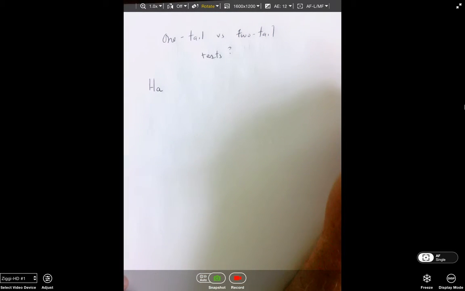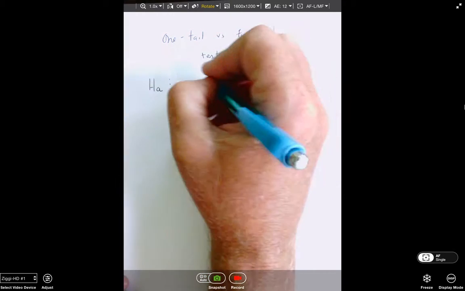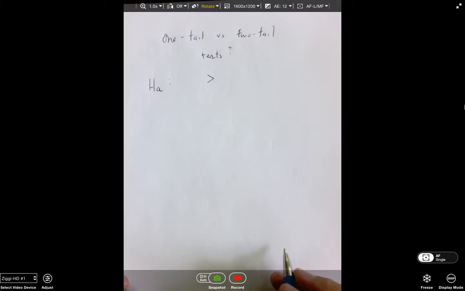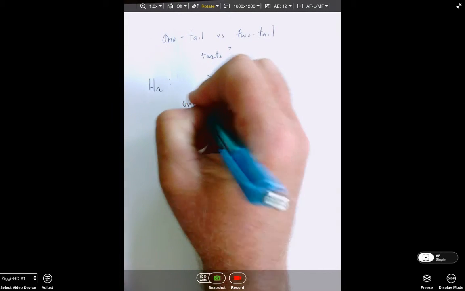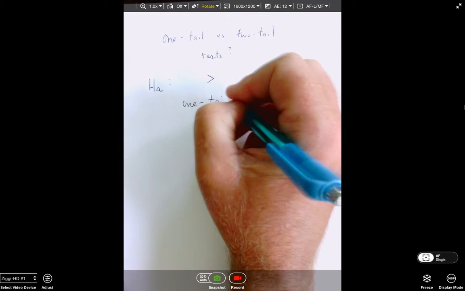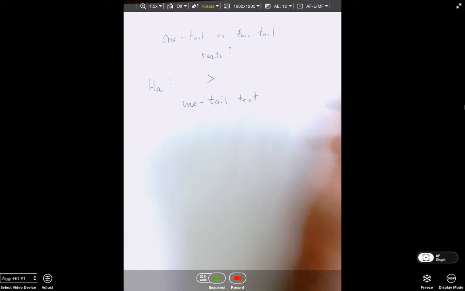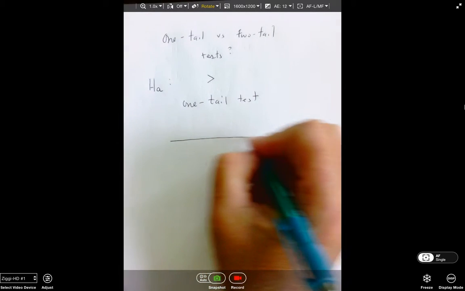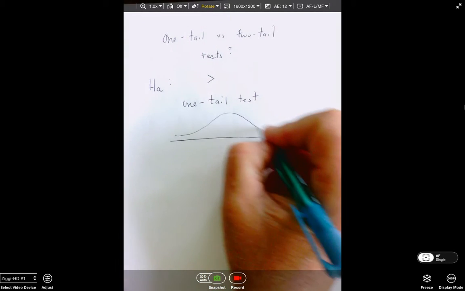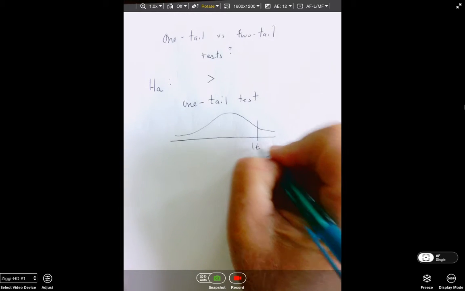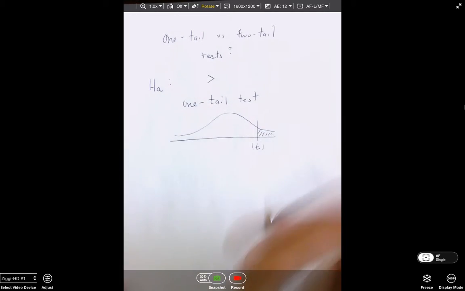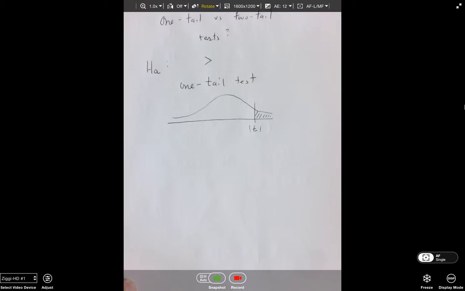It all goes back to your alternative hypothesis. If you test greater than, higher than, more than for your alternative, you are conducting a one-tail test because the calculation of your p-value is confined to one tail.